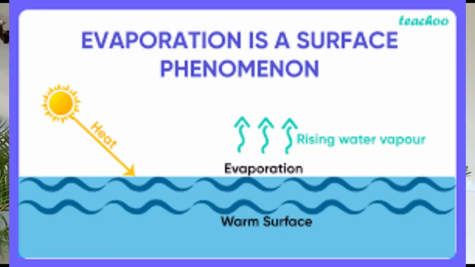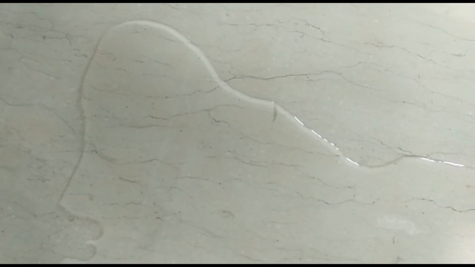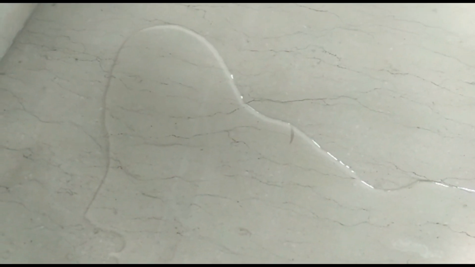The higher the amount of surface area, the higher the rate of evaporation. This is so as evaporation is a surface phenomenon. For example, you have water. The water you throw on the ground, you will notice that it will try to spread out. So this will increase the surface area for the same amount of water.